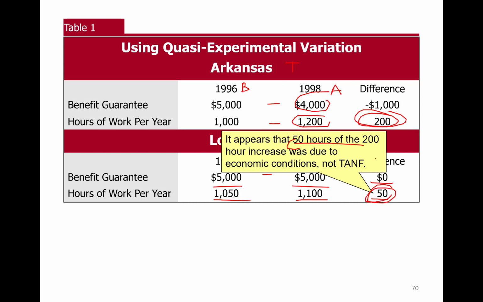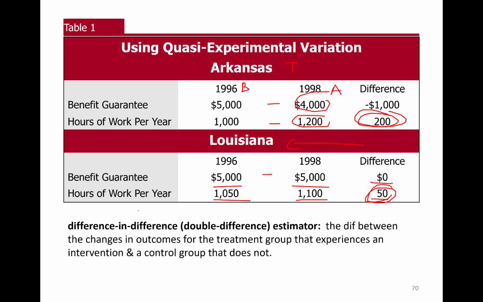Okay. So what do we use? We use the difference-in-differences estimator, or double differences estimator. This is the difference between changes in outcomes for the treatment group that experiences the intervention and a group that does not. So after, before, for the Arkansas treatment group, 200, and for the control group after 1100 minus 1050, 50.